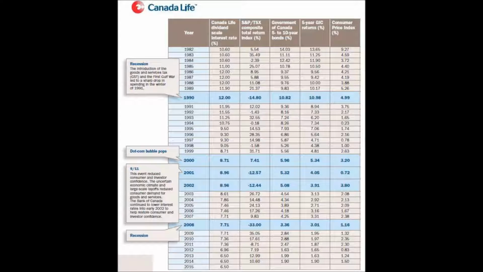That was the big financial crisis that we had just a few years ago. The bonds, the Canadian bonds, returned 3.3%. The 5-year GICs returned 3.01%. And the Consumer Price Index, which basically measures in parallel the cost of inflation, was 1.16%.